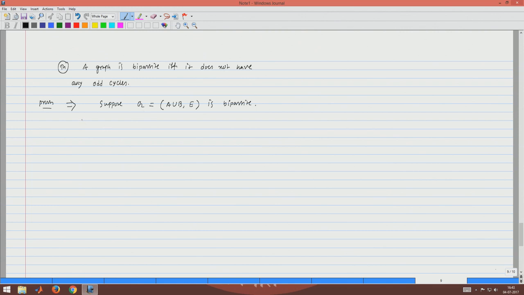The proof is again by contradiction. Suppose G has an odd cycle and let me denote that cycle by v1, v2, ..., vk and then again v1, where k is odd.